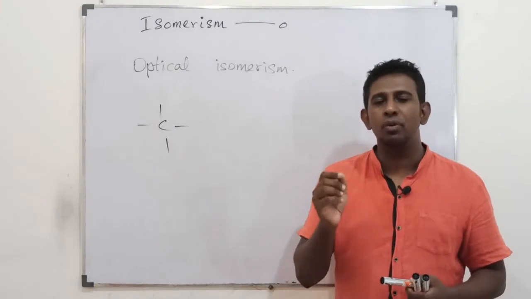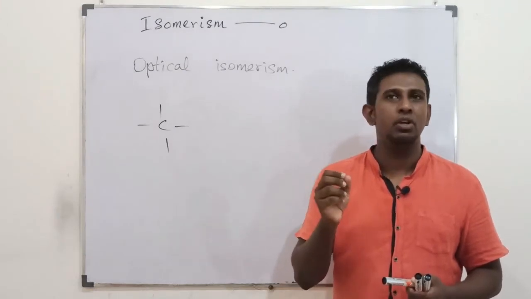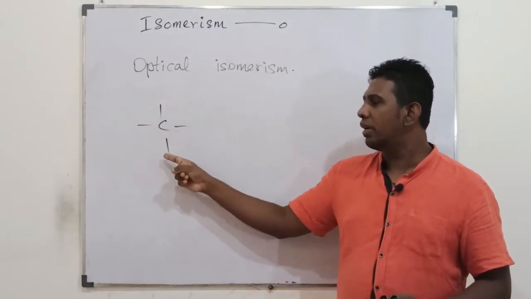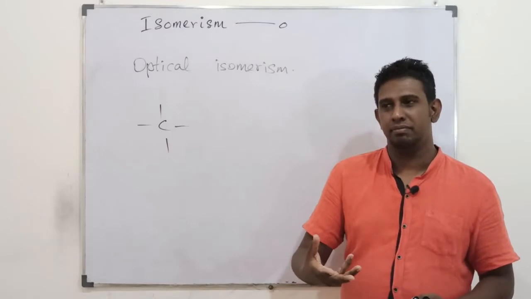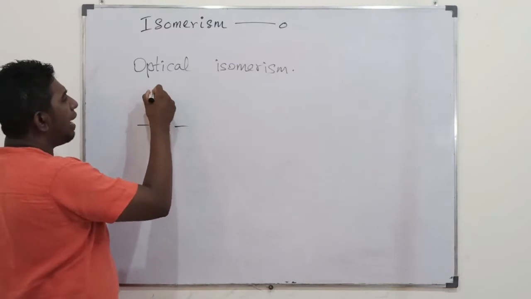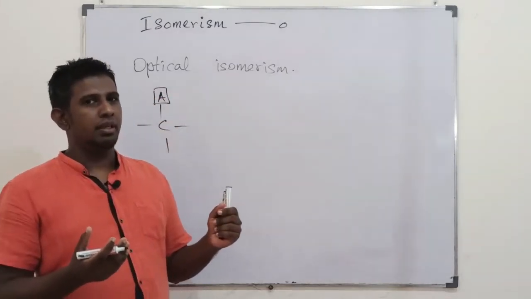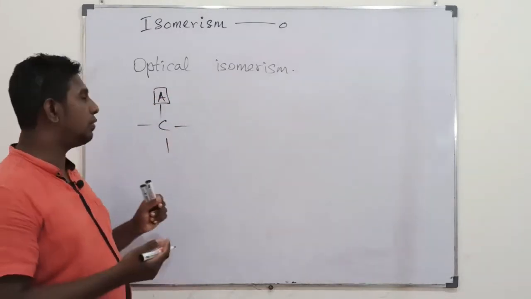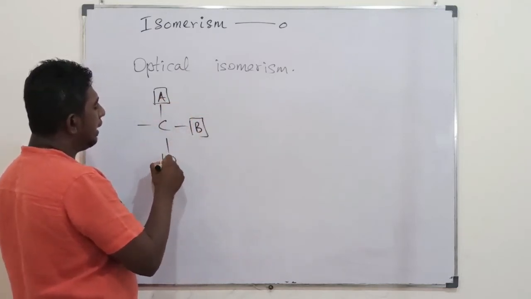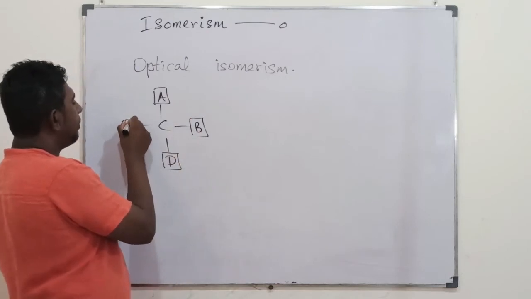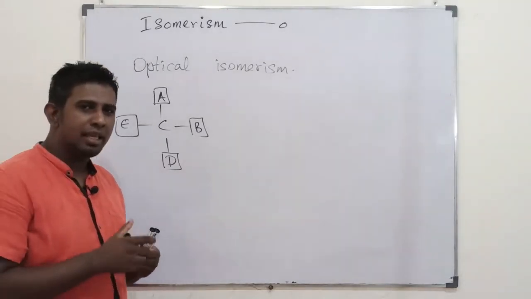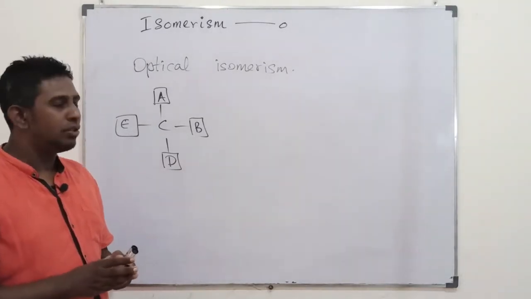When you are drawing one structural formula for a molecular formula having 4 bonds around that carbon, then if that carbon is having 4 different functional groups or 4 different atoms or groups bound to that, I'm just naming it as A, B, D, I'm skipping C, so E. So these I'm just giving for saying they are 4 different groups.